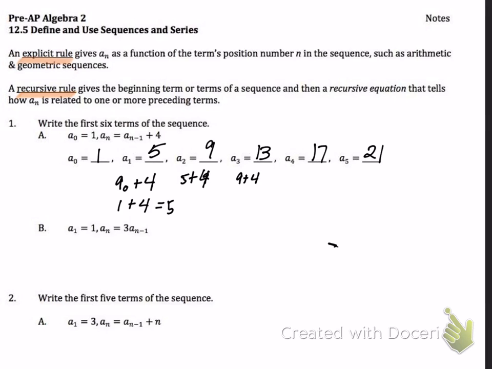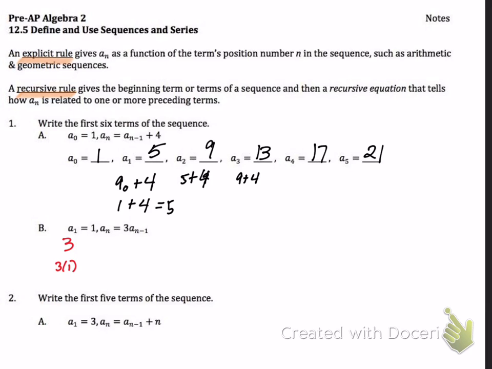Then for part B, now we don't have the little blanks given to us, but I want to write the first 6 terms. And it gives me a1, so I have 1. Then it's taking the previous term and multiplying it by 3 every single time. So for my second term, a2, it would be 3 times 1, which would be 3.